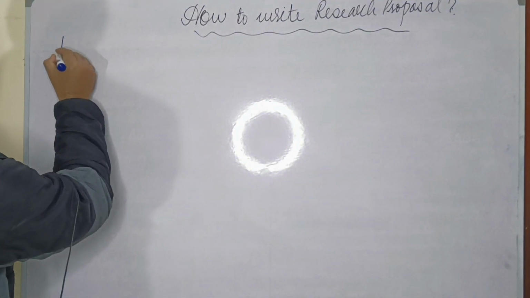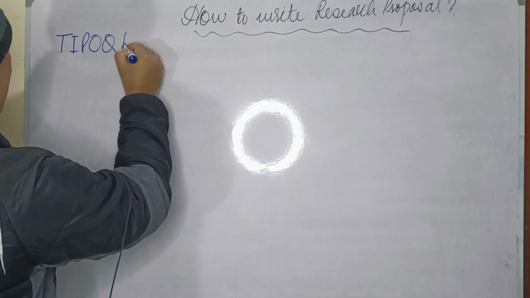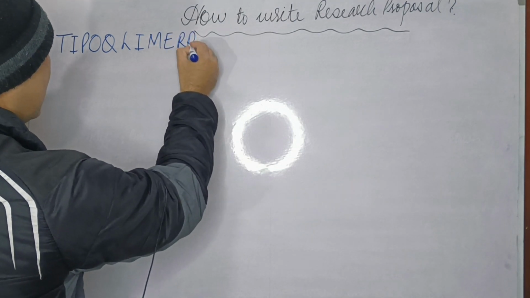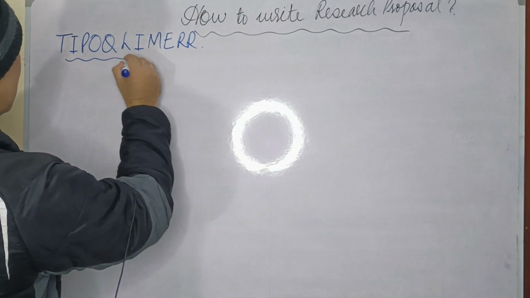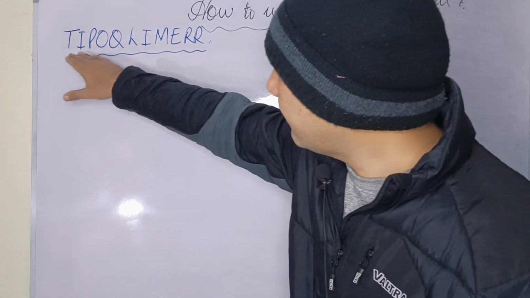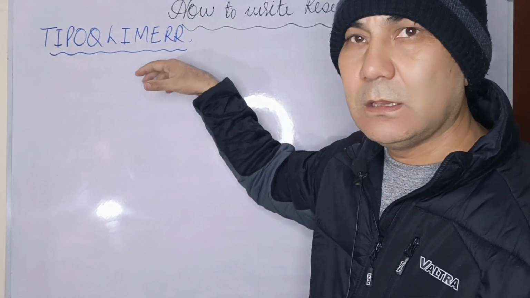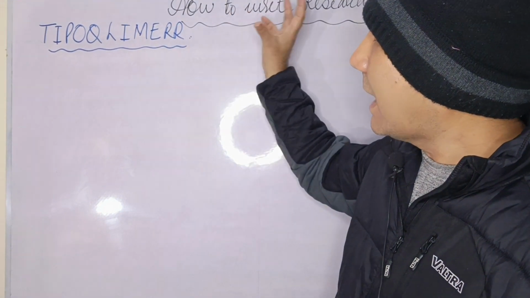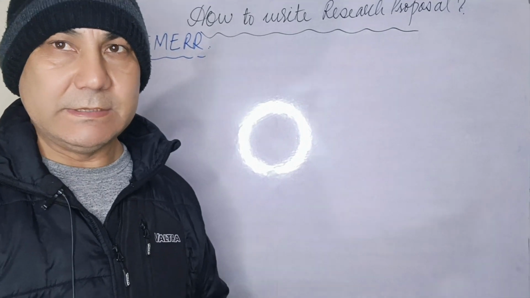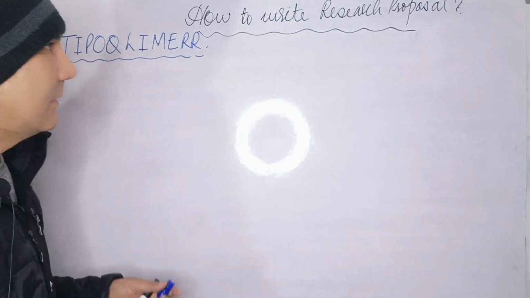This is the mnemonic: TIPOQLIMERR. You will go through this abbreviation, which I prepared for writing the research proposal in a sequential way. Now what does it say? The first one is T.